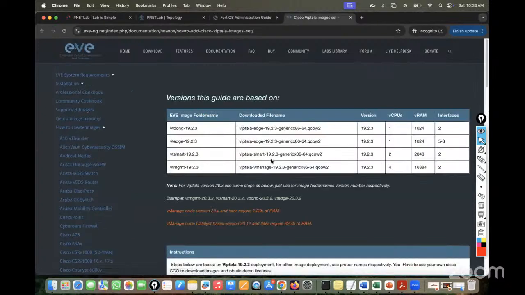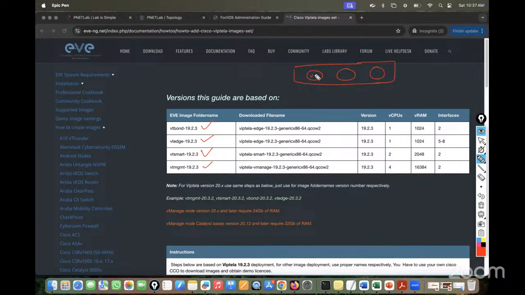You have to understand the first requirement: what is the minimum hardware requirement? Let's suppose you want to deploy one vBond, one vEdge router, one vSmart, and one vManage. You are going to require three devices for the controller: vManage, vSmart, and vBond.